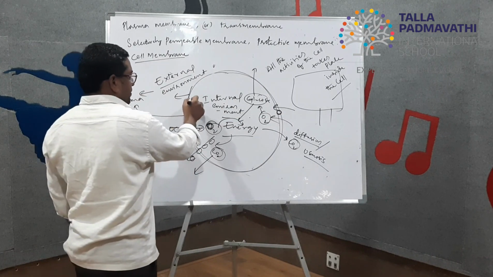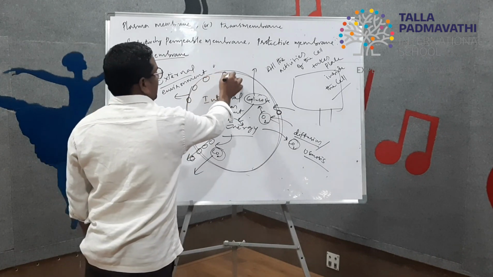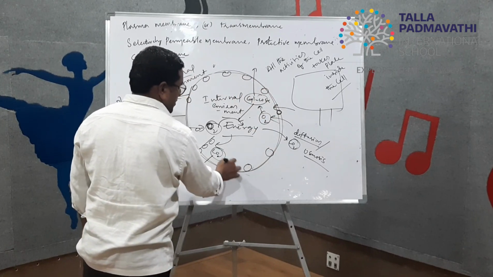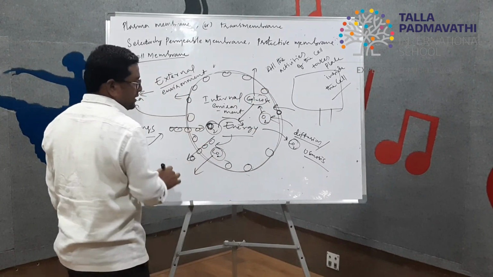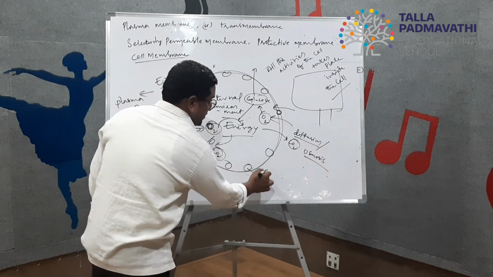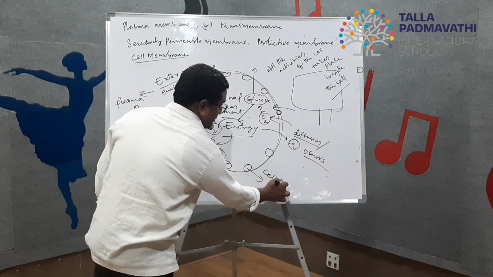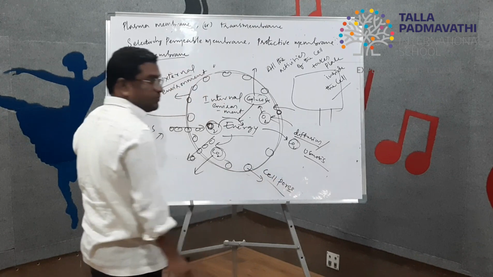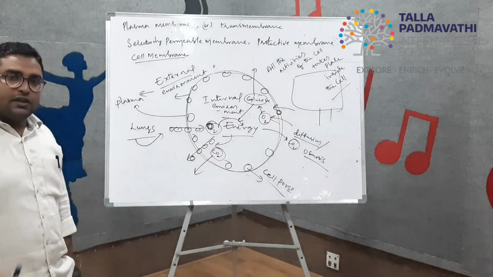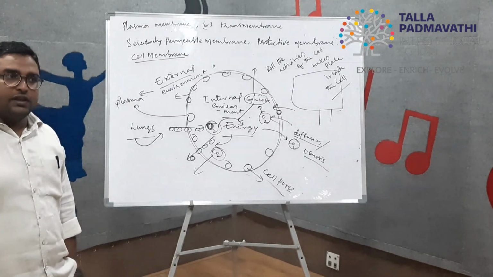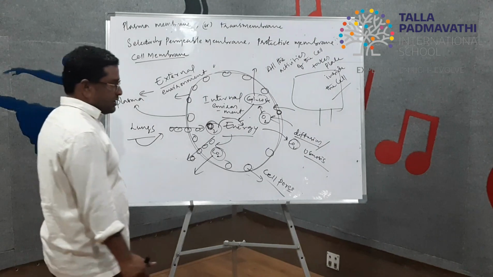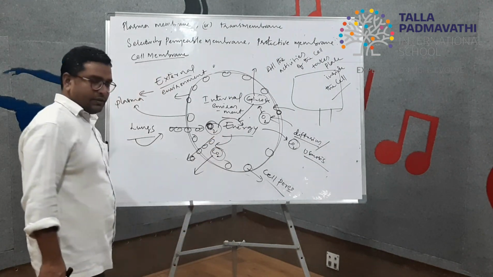As the plasma membrane has pores on the surface, we call those pores on the surface of the plasma membrane cell pores. Cell pores present on the surface of the plasma membrane allow substances to enter inside.